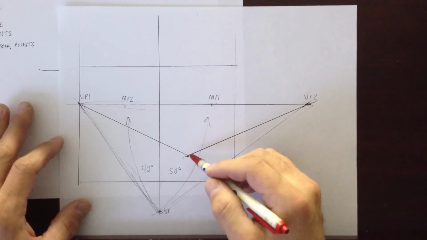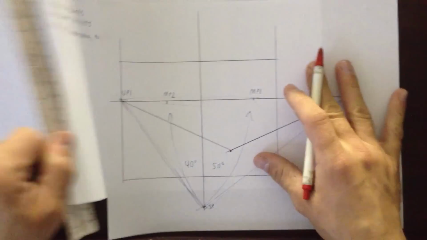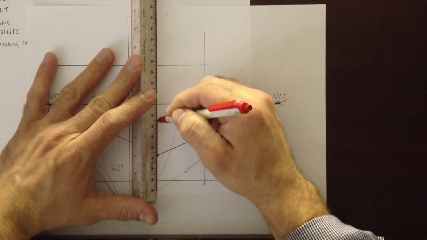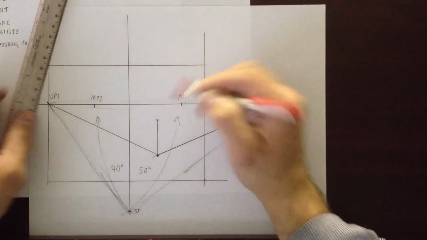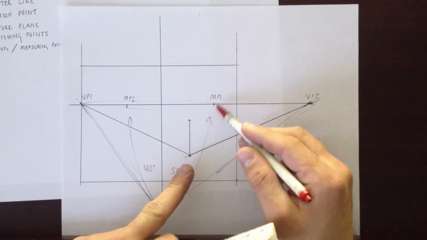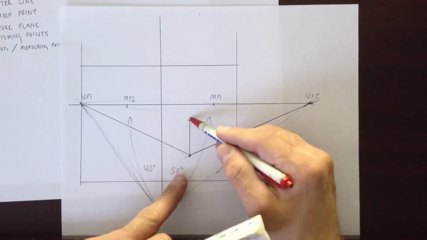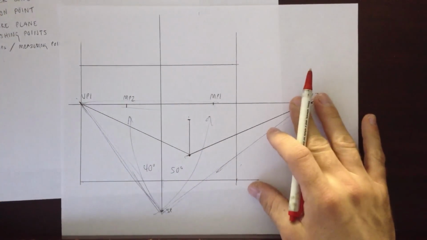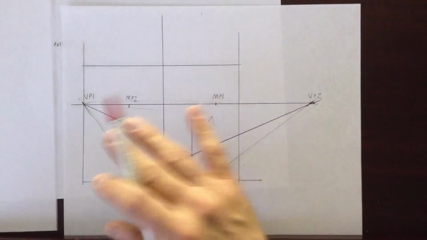Okay, so here, again, we'll establish a height using a vertical edge. I'll just keep this below the horizon line. And what I'll do next is use the measuring points to find the distances that are equal to the height, going back into space. So you can just take a piece of paper.